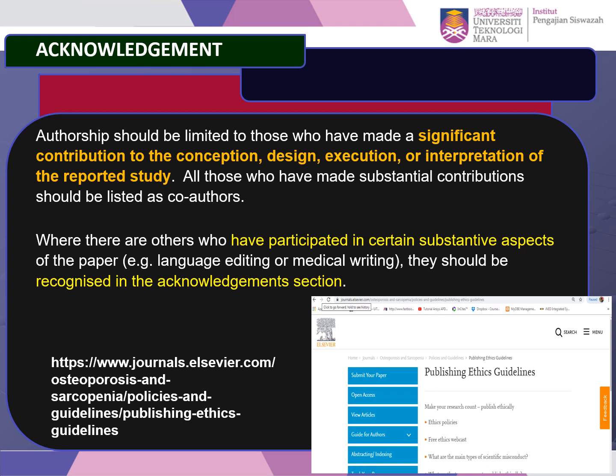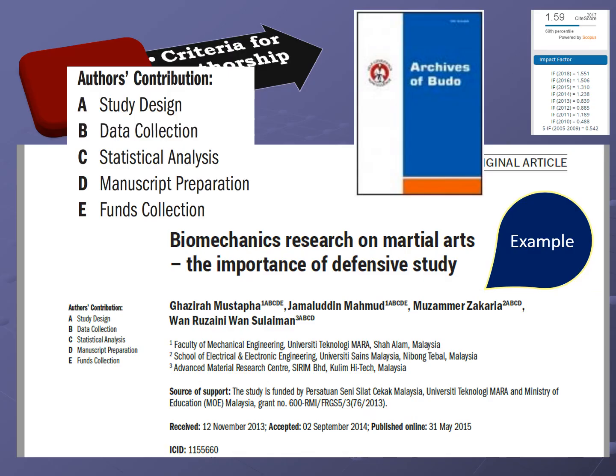All right. So the difference between authorship and acknowledgement, right? So the first is authorship. Those who have participated in certain substantive aspects but do not fulfill the 4 criteria just now should be recognized in the acknowledgement section. You may refer to the Elsevier publishing.